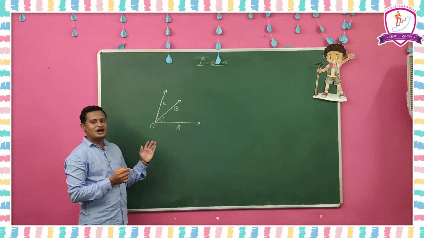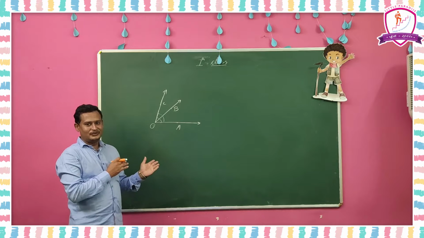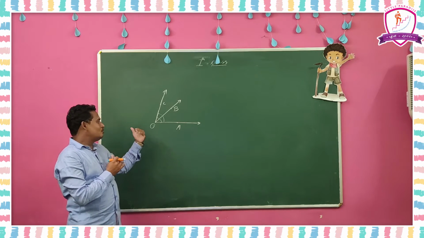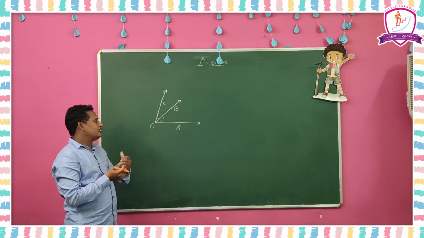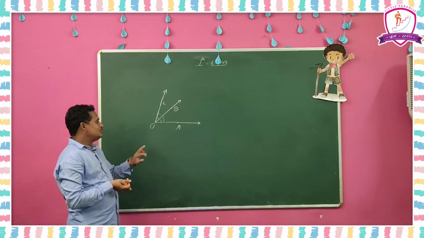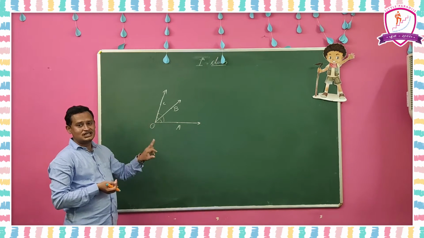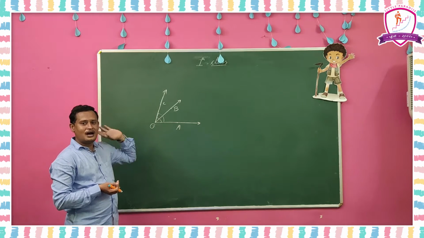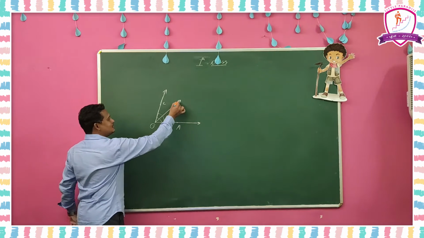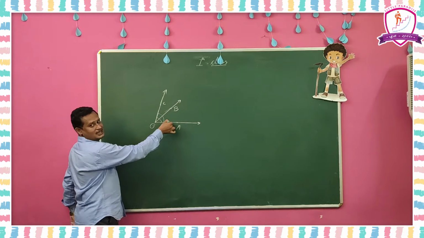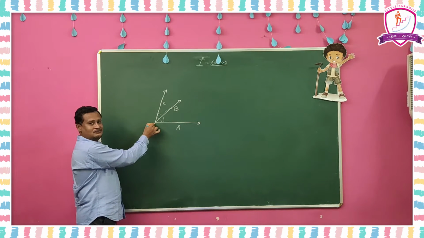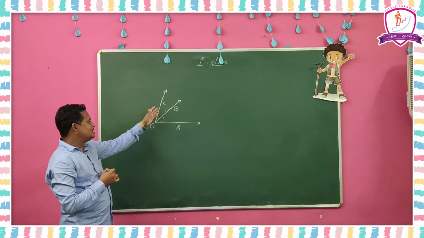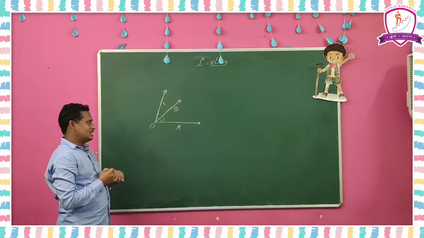Which angles are adjacent? Angles having the same vertex and the same arm. Here OB is the common arm for these two angles, and O is the common vertex. Then only can we call these two angles adjacent angles.